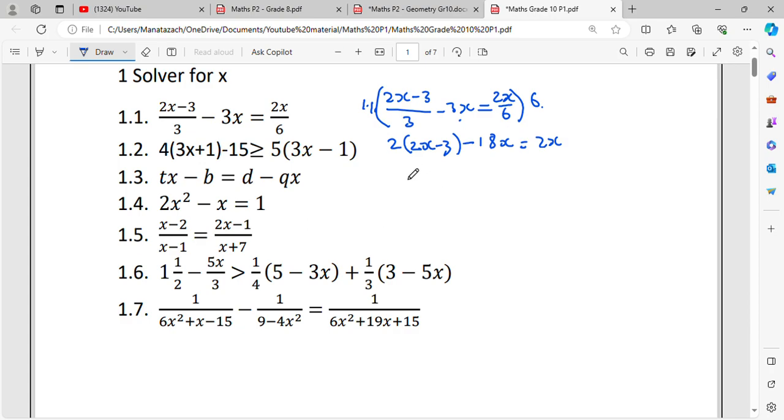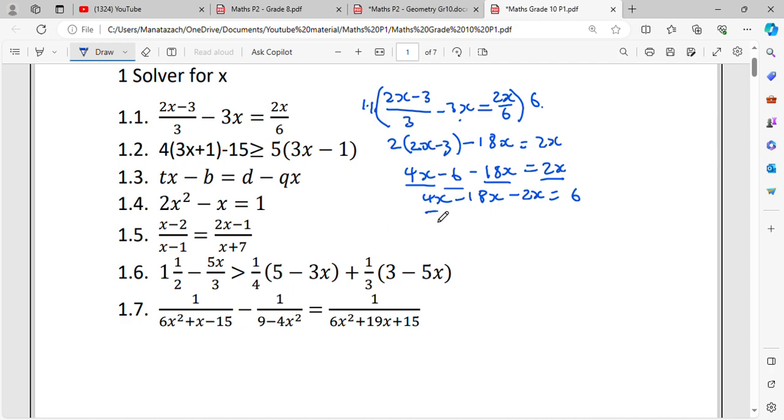Then from here it's going to be quite easy. It's just basic mathematics. Then you group all the terms that look the same. 4x minus 18 minus 18x minus 2x, then 6 will come to this side as positive.